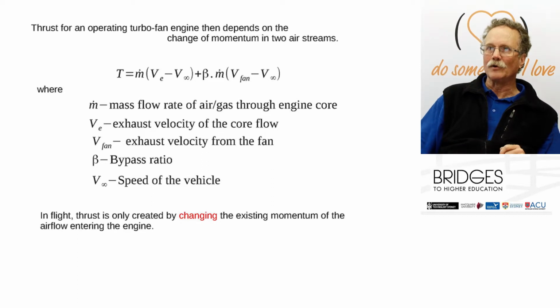So m dot is the mass flow through the core of the engine, and beta times m dot, with beta the bypass ratio, is the amount of mass flow going through the bypass. And in fact, we're not just getting momentum of the exhaust, we are getting momentum of the exhaust compared to the momentum the stream already had. So it makes it a little bit more complicated. So we are changing the momentum of the airstream in our exhaust.